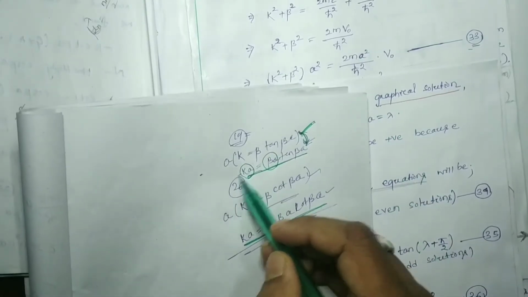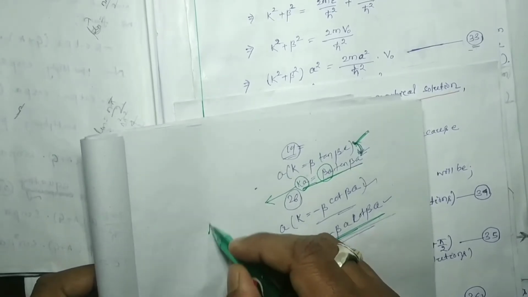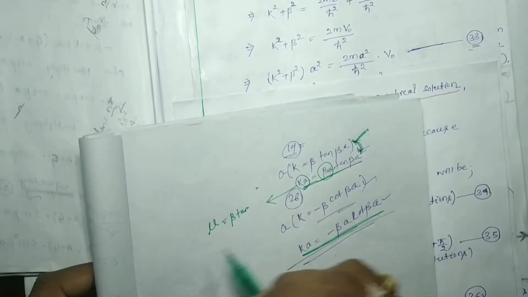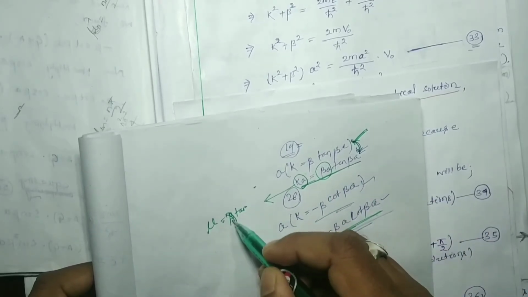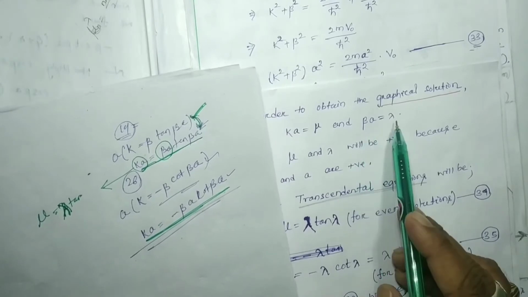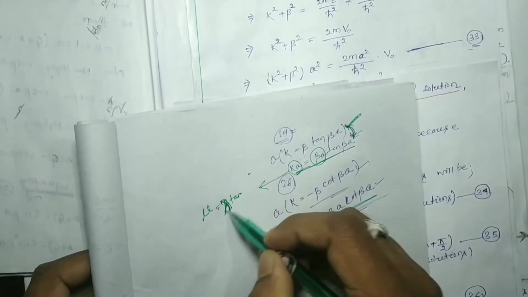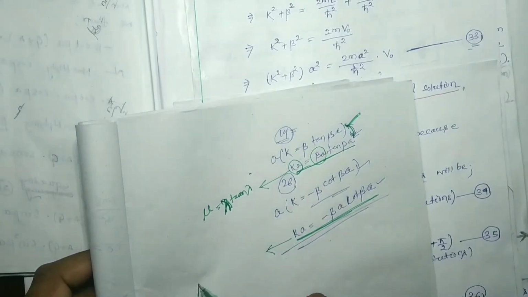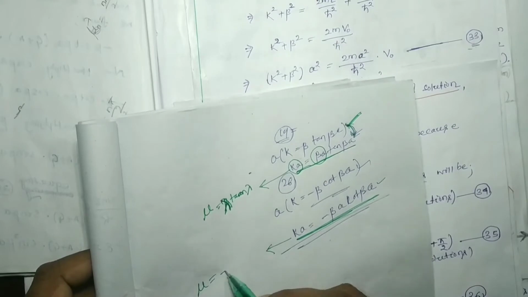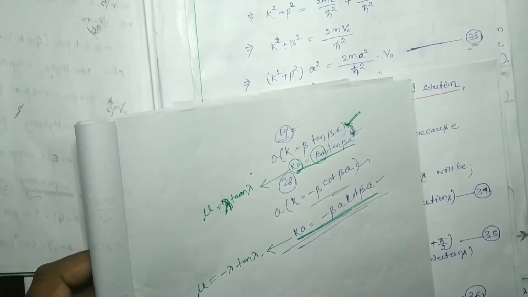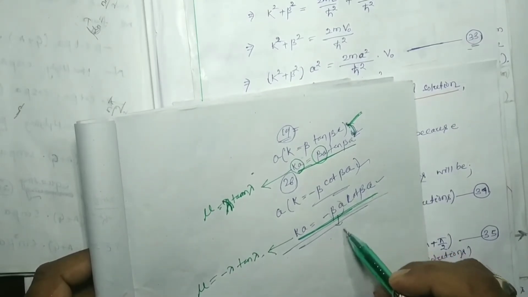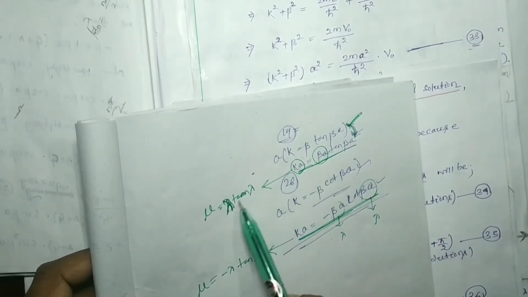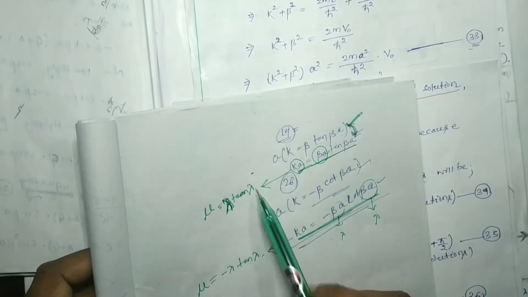So this equation will be written as mu equal to lambda tan lambda, because beta A is considered as lambda, and this will be considered as mu equal to minus lambda cot lambda. Beta A is nothing but lambda, so instead of tan beta A it means tan lambda.